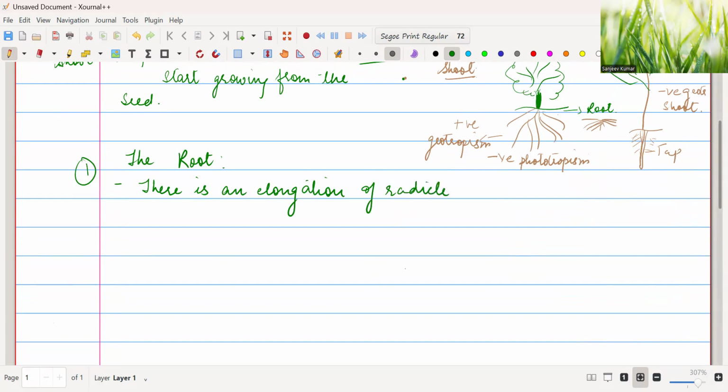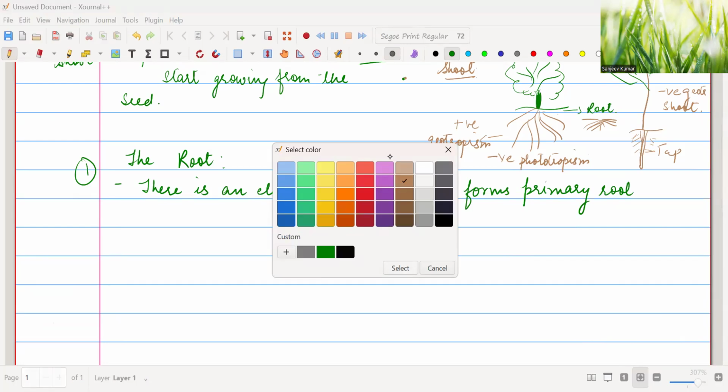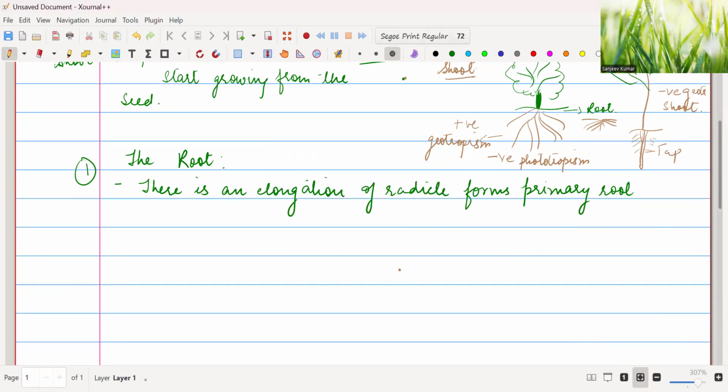Elongation of the radicle forms the primary root. If I draw a structure of a root, see how it's growing. It grows typically straight down, and it is protected by a root cap, which protects the tip of that root.